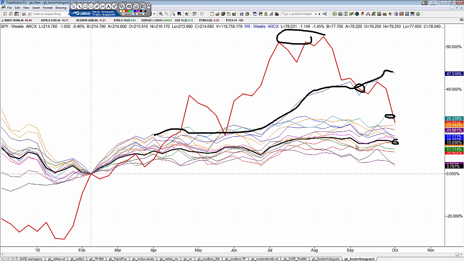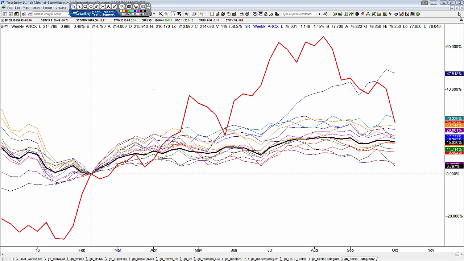And SPYs, or S&P 500, usually sits somewhere in and around the middle, but not always necessarily in the middle. So if you can figure out how to be in the groups that are trending, you're much more likely to outperform the S&P as long as you can avoid the ones that are trending down.